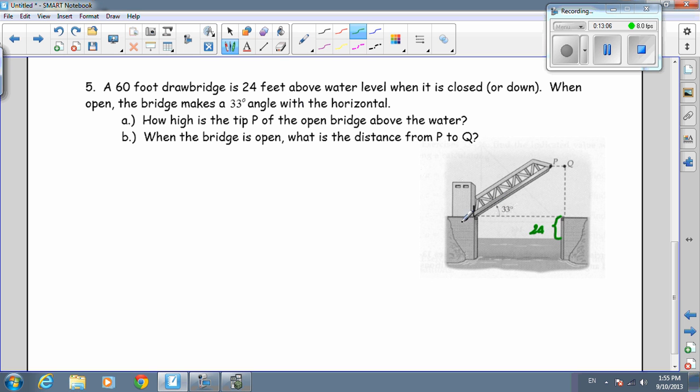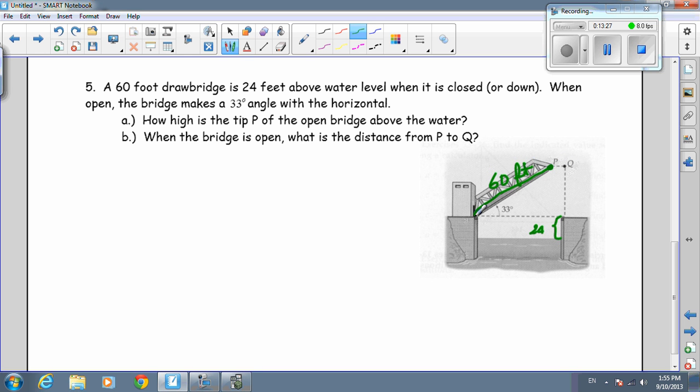It's given there. And the whole bridge itself, from this point all the way to this point, is apparently 60 feet. Now we have a point P here and Q here.